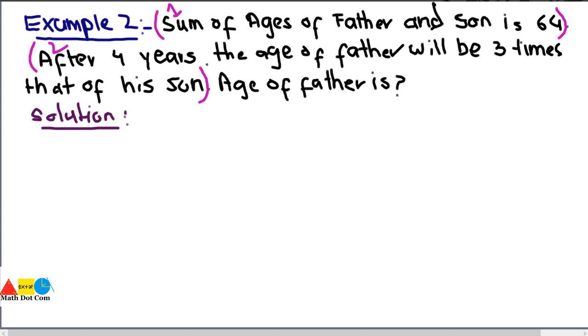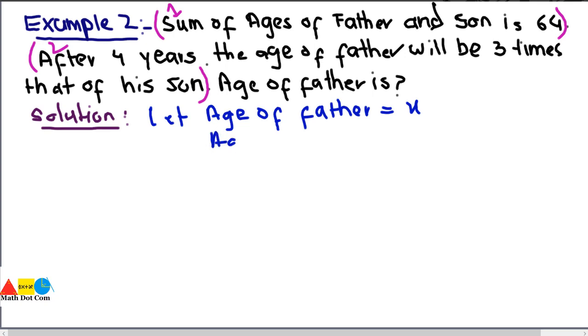And the second step is you have to make the supposition: let the age of father be x. You can take any variable. And the age of son be y. Now we have to make the equations in the next step. First of all, we have part 1.